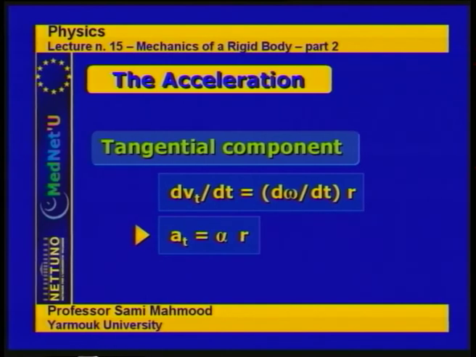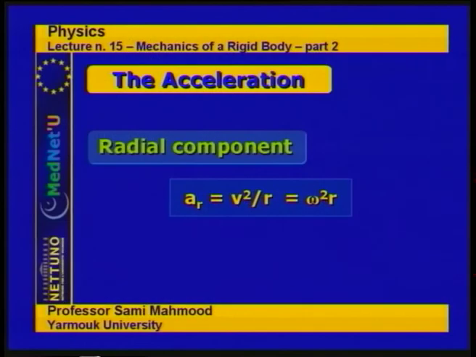And alpha, given in this way, is the angular acceleration, which is responsible for changing the angular speed omega. If alpha is not 0, then we conclude that omega is not constant. It's changing with time. So this is the relation between the tangential acceleration and the angular acceleration.